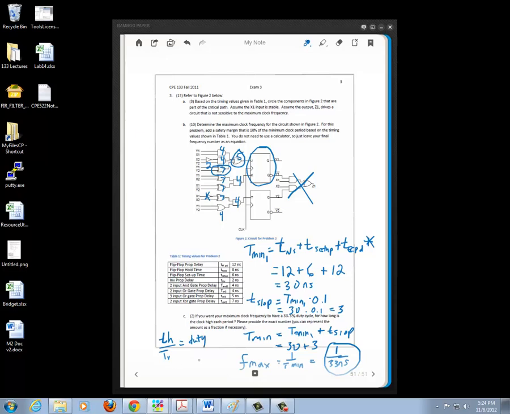So 33 and a third percent is 1/3. It's going to be equal to T high over Tmin. So Tmin over 3, Tmin was 33, 33 over 3 is going to be 11. So T high is equal to 11 nanoseconds.